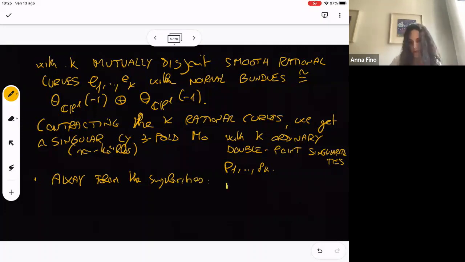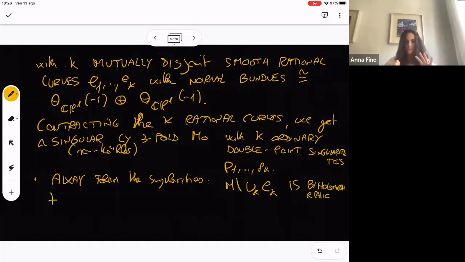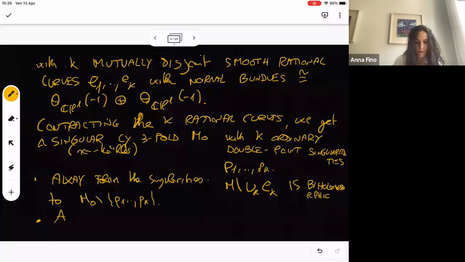What we have is that M, removing the union of the curves, is biholomorphic by construction to M0 when you remove the points p1, ..., pk, right? And the nice thing here, by the contraction and by the fact that we are taking rational curves, is: how does a neighborhood of every singular point look?